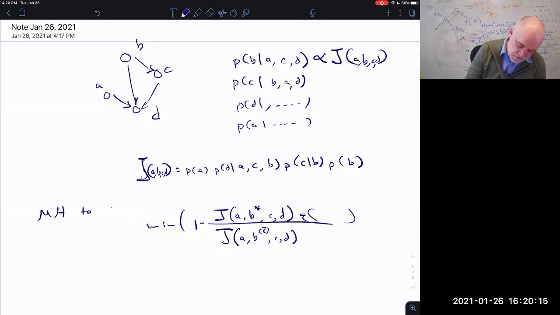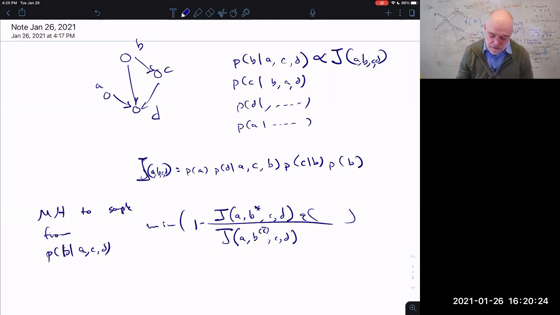MH to sample from P(B given A, C, D), okay? And this is B tau to B star given B tau, okay?